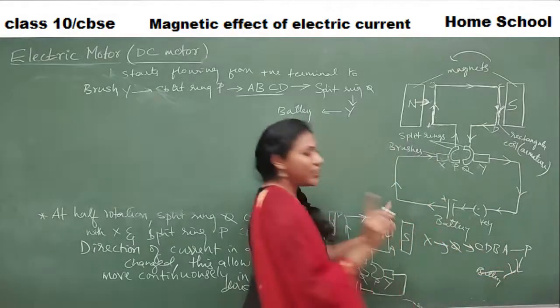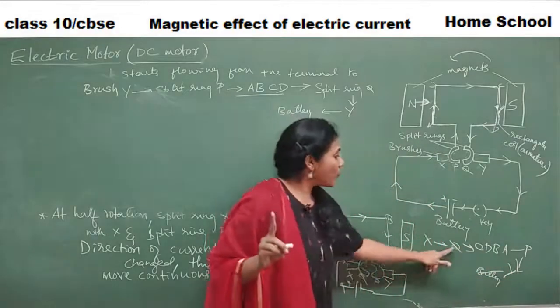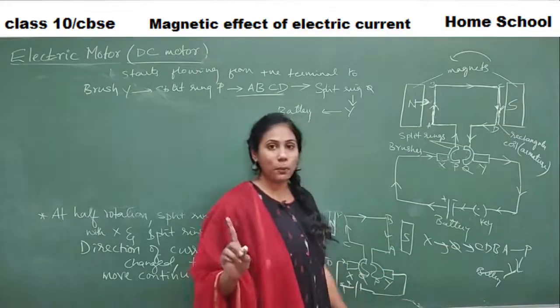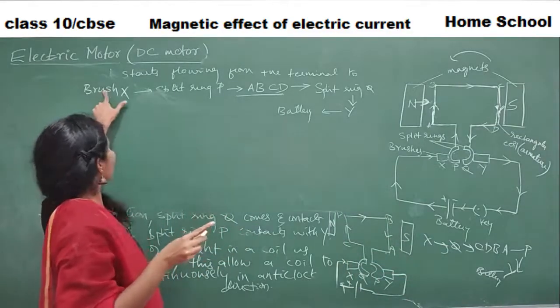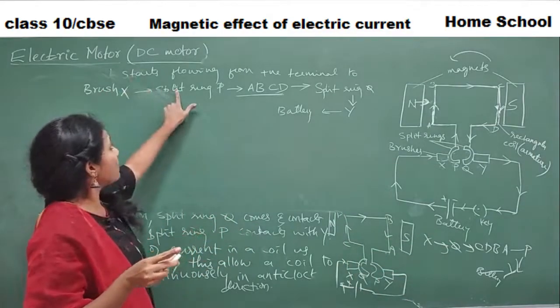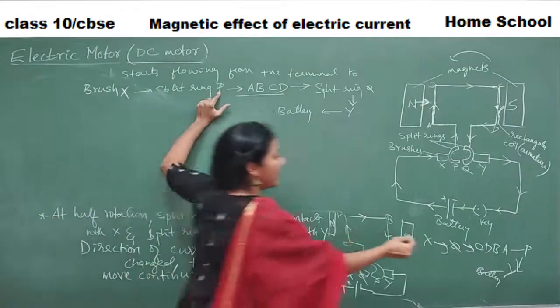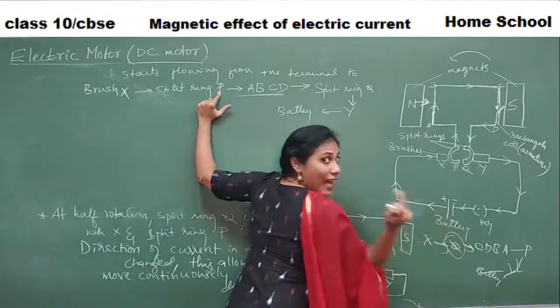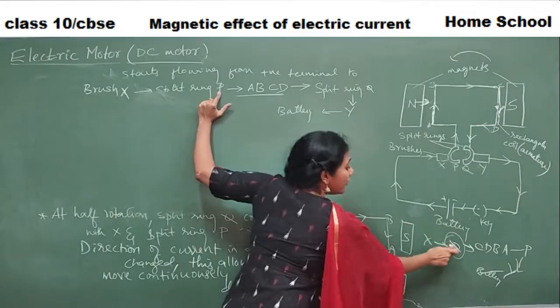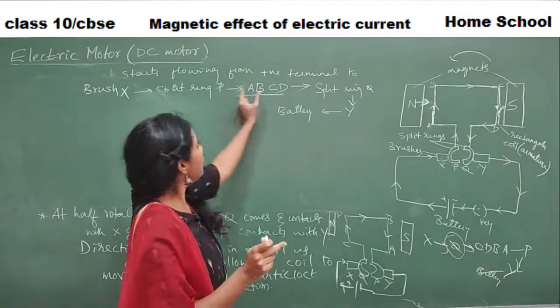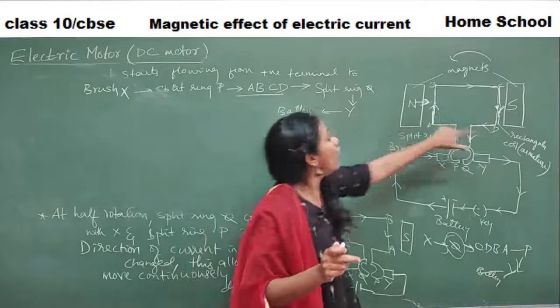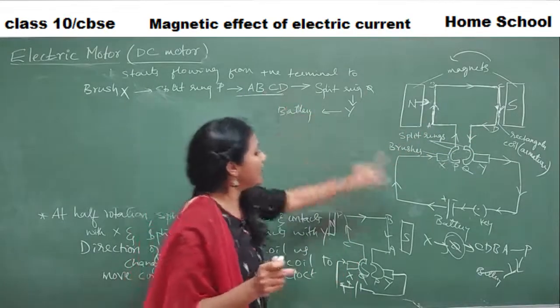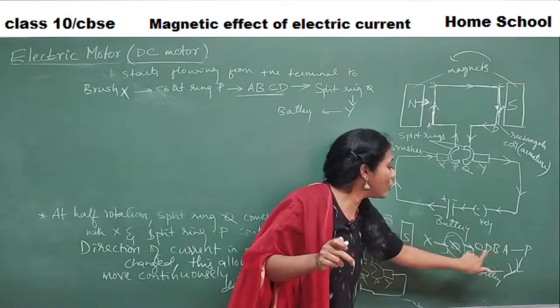Right? Say after one half rotation, this is what the change in the direction took place. See, initially from brush X, the current has moved to split ring P, right? But here after a half rotation, the current is moving to split ring Q. And you see the direction of current in a coil. It was ABCD, but now what is the direction of current in a coil?